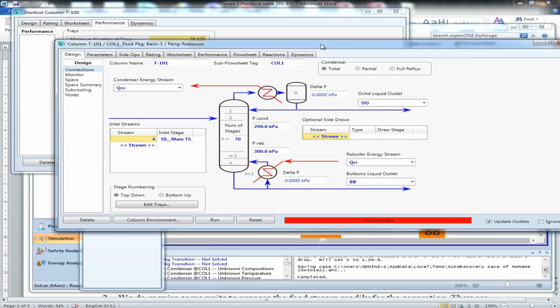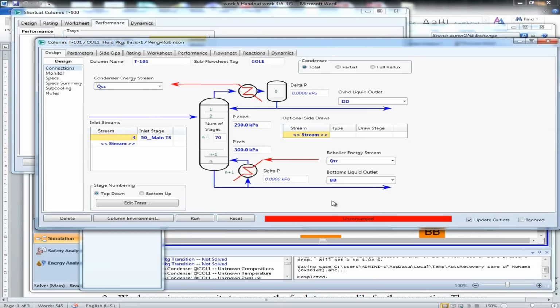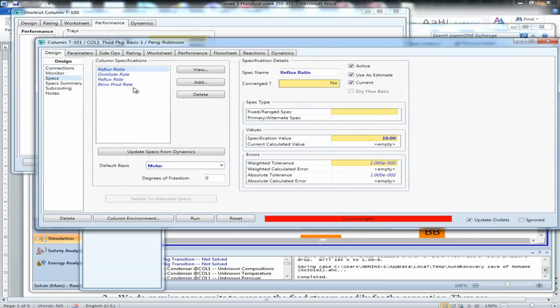But the calculation cannot be made because some specification is required, for example, the purity. That's what we wish. So let's go to the specification.